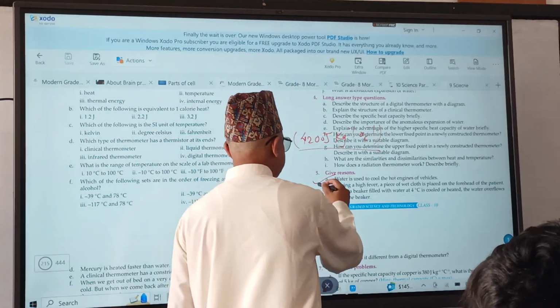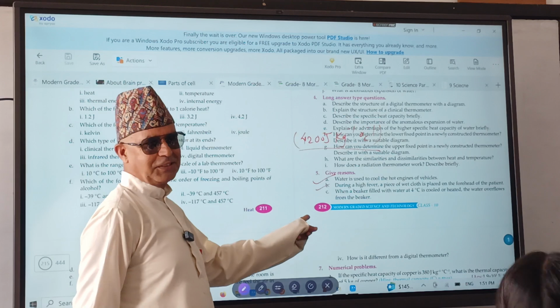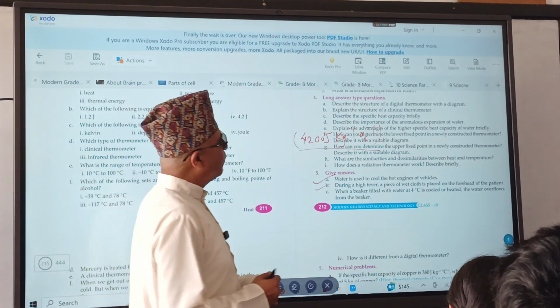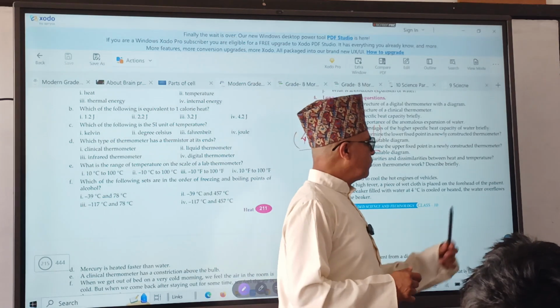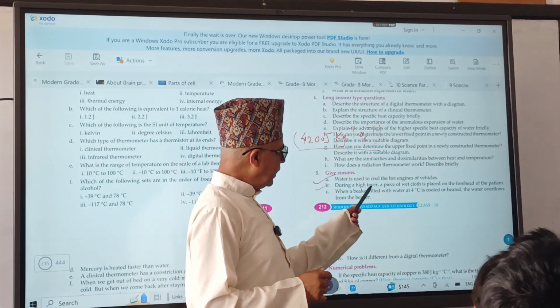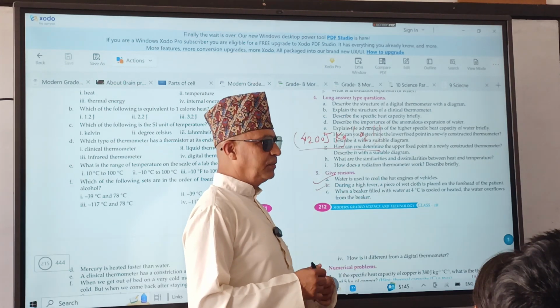Number B. What does the question say? During a high fever, a piece of wet cloth is placed on the forehead of a patient. Wet cloth means there is the presence of water.